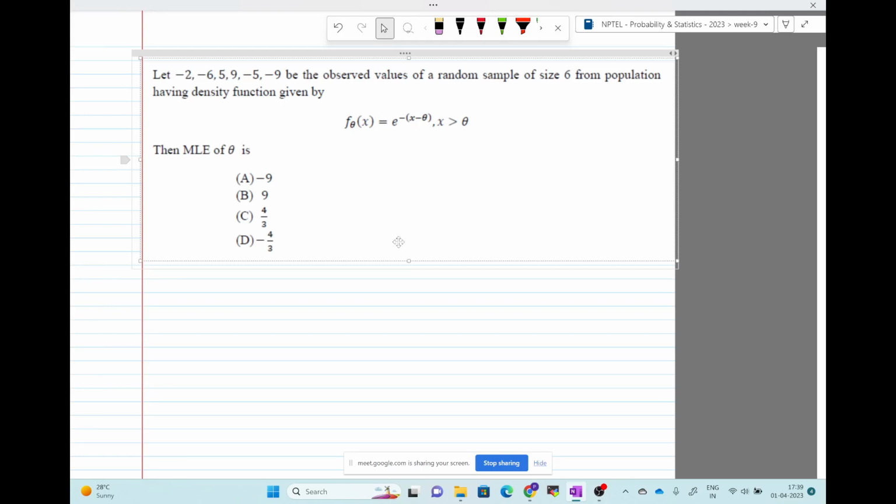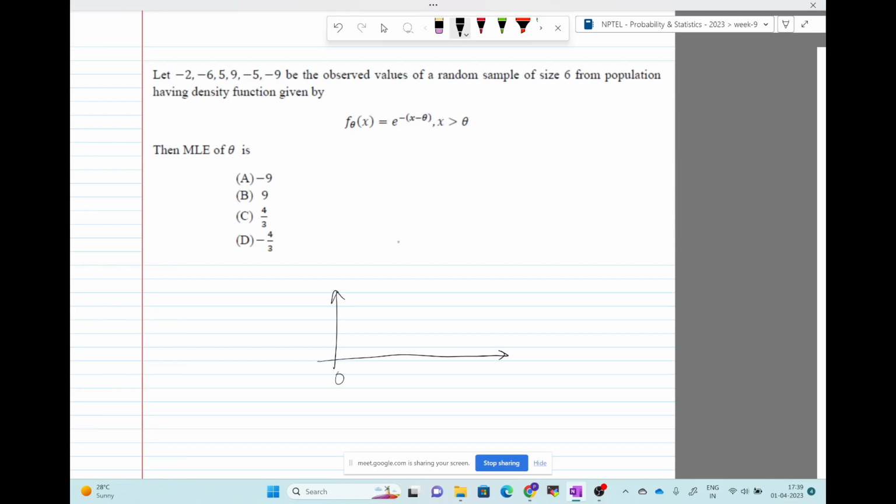I don't understand what you are saying. If you consider a number line, minus infinity to minus 2 will be the first case.